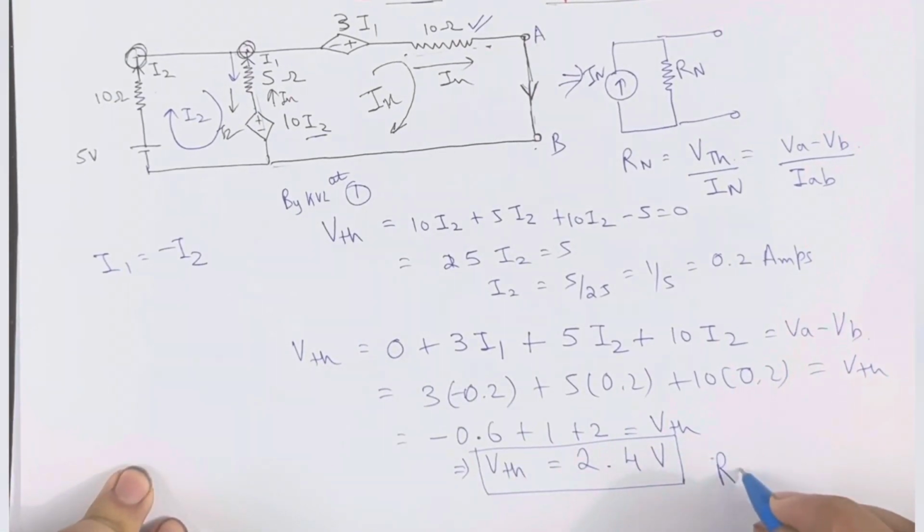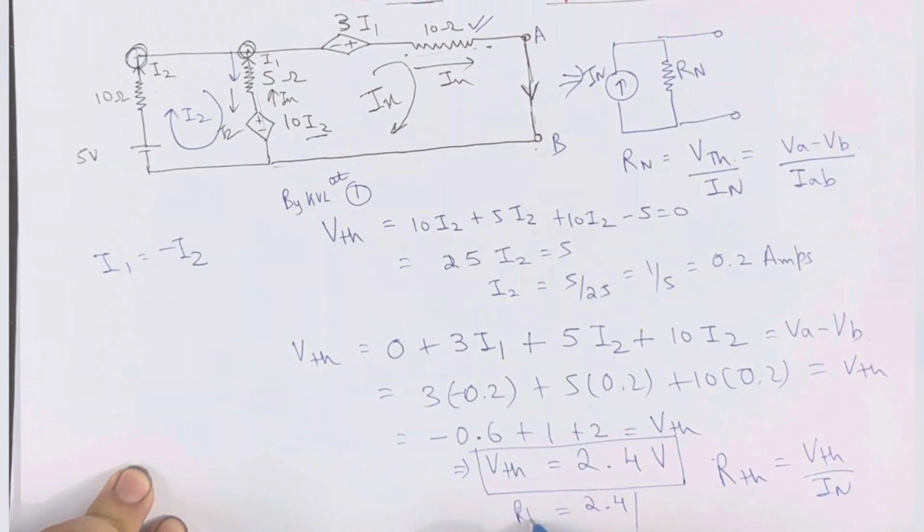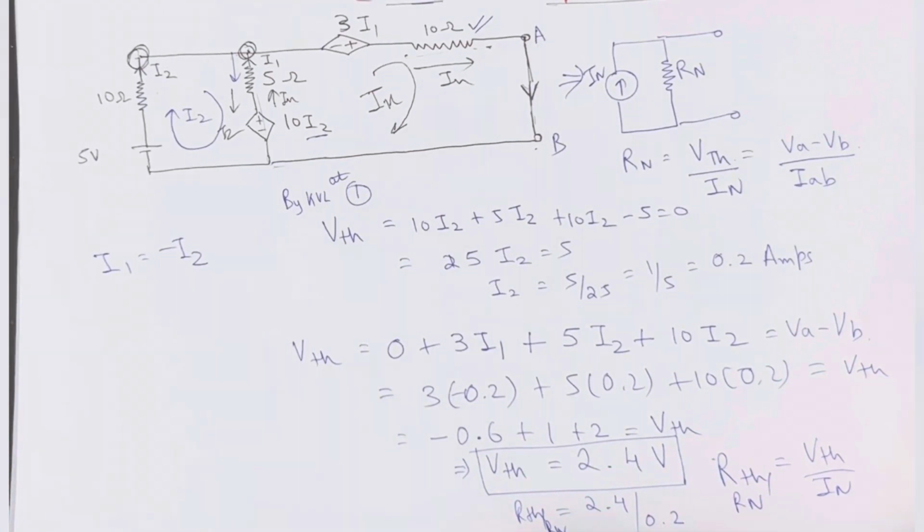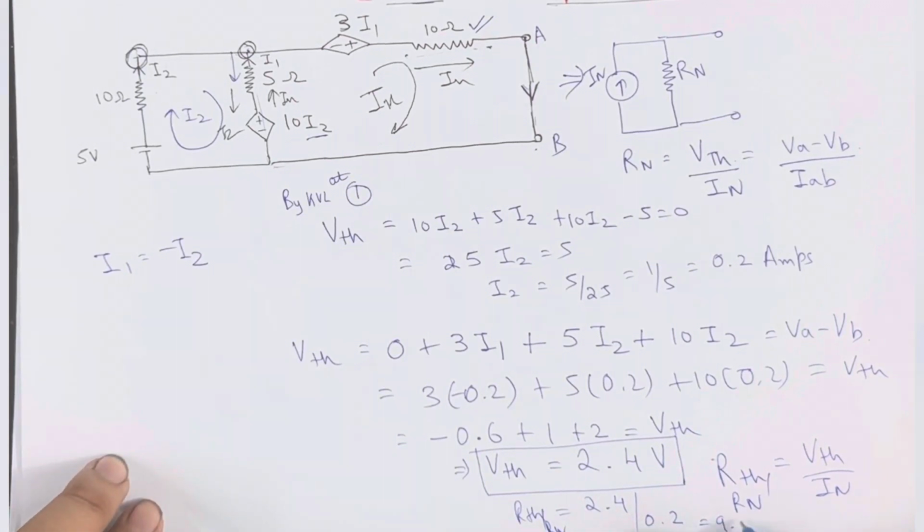So RTH will be nothing but VTH upon IN, which will be equal to 2.4 upon 0.25. RTH, or R Norton in this case because we are solving a Norton circuit, will be equal to 2.4 upon 0.25, whose value comes to around 9.6 ohms.